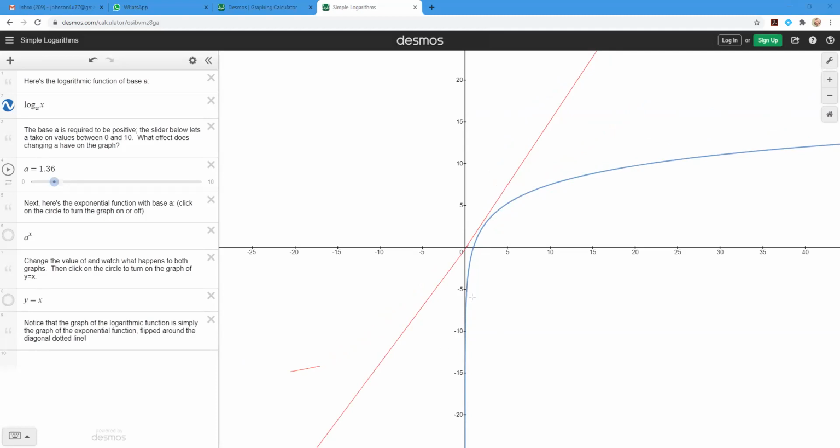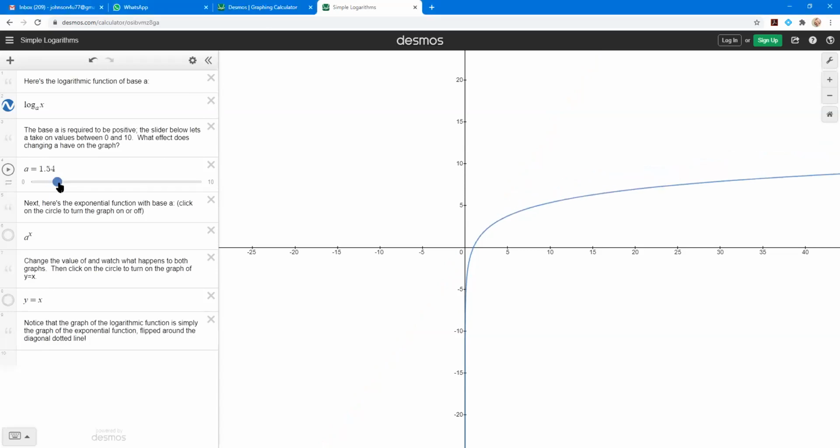And the exponential and logarithmic functions are inverses of each other. The graph of both are reflections of each other in the line y is equal to x. So this is the graph of log x.